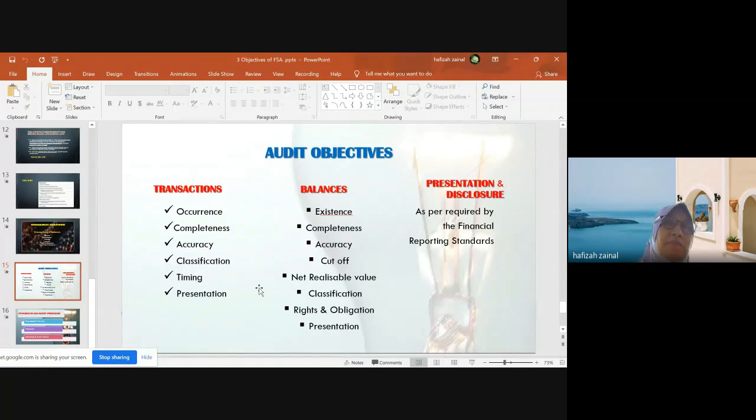So by performing citing of the sales invoice, supported with the delivery notes and the sales order, you verified the sales exist, the sales are accurate, and it is complete because you already traced to the GL, captured in the proper accounting period. So you see, from one audit procedure, citing of the documents, you actually verified several audit objectives.